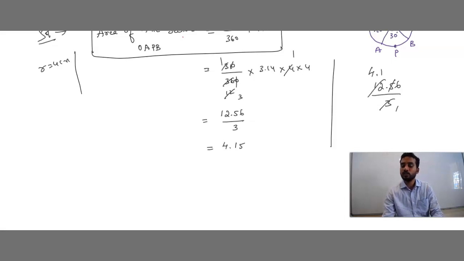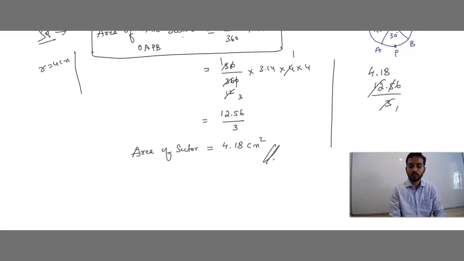Remainder 3, right? 26. 3 9s are 27, 3 8s are 24. Approximately we can take 3 8s. Correct? 8 or 9? No problem. Let me take 8. That's nothing but 4.18 centimeter square. So this is the area of the sector.